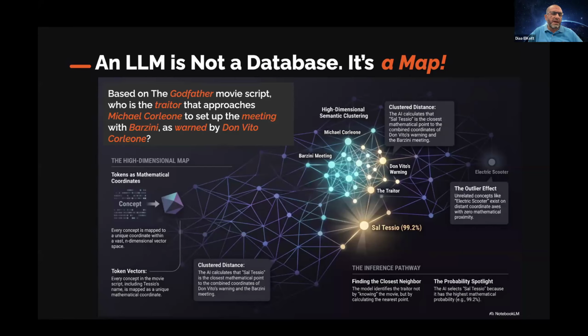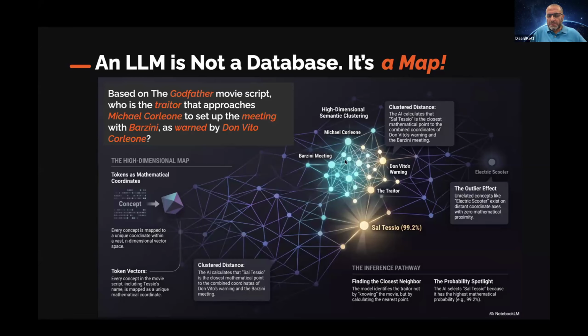Let's take, for example, this prompt, in which we ask the language model to find who is the traitor in the Godfather movie who would approach Michael Corleone to set up a meeting with Barzini where Michael is going to be assassinated. In orange you see some key tokens.